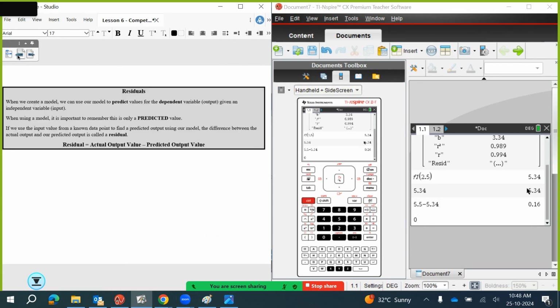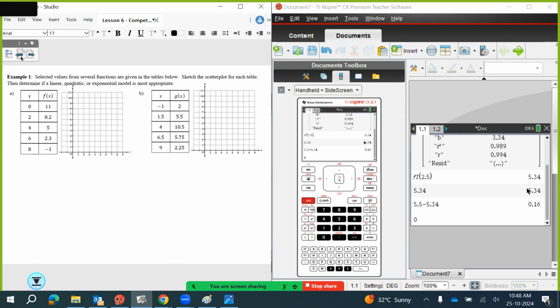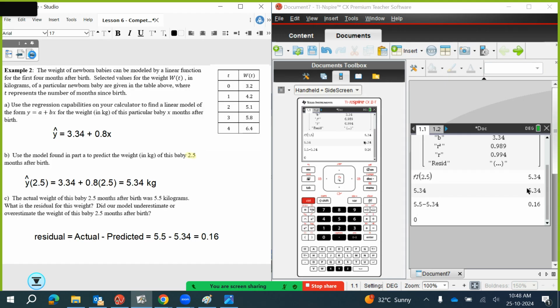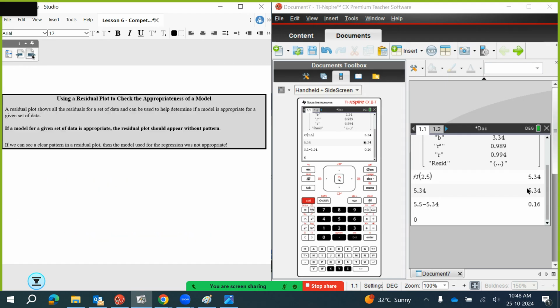So just looking at the residuals, we don't have them here. All right, so we're going to look at using the residuals to check the appropriateness of the model. A residual plot shows all of the residuals for a data set and can be used to determine whether the model is appropriate or not.